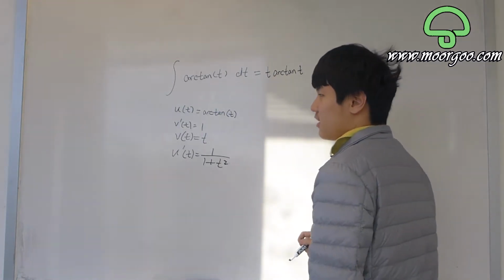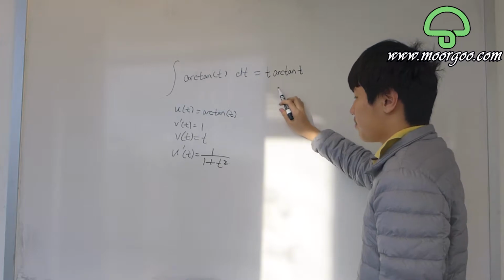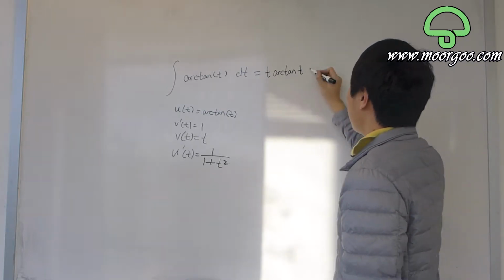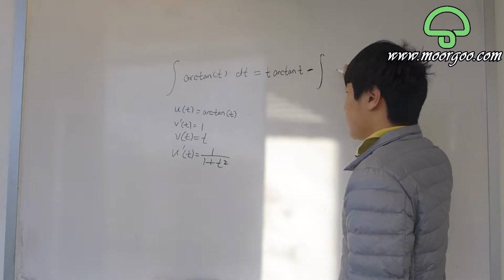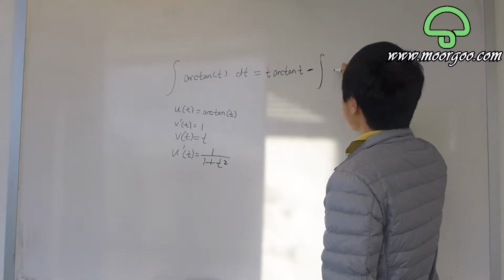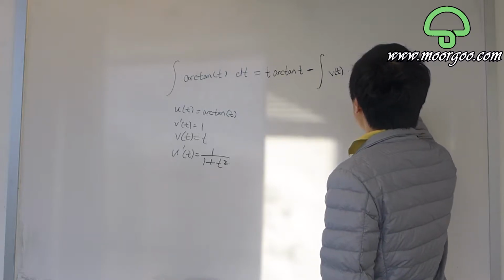So let's continue with integration by parts: u of t times v of t minus the integral of v of t times u prime of t dt.